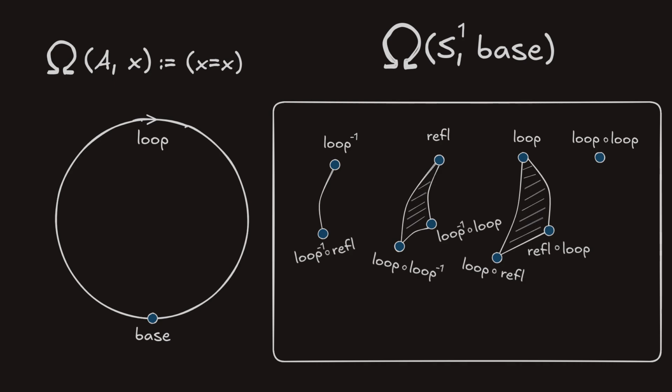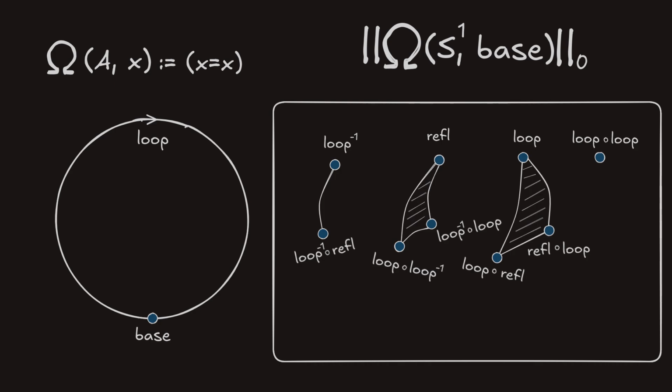Finally, to turn a loop space into a group, we must first make sure that it is a set. We thus apply set truncation to fill any holes.